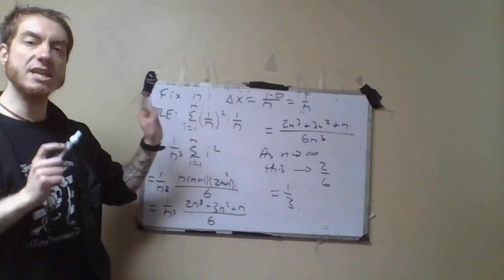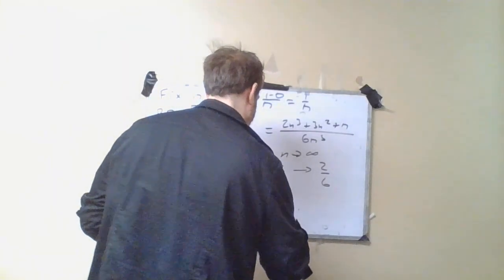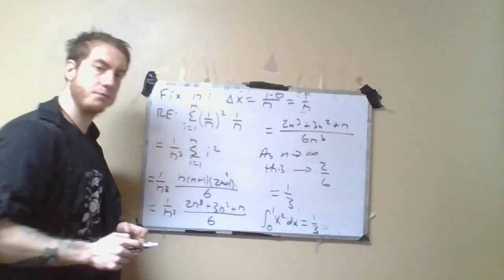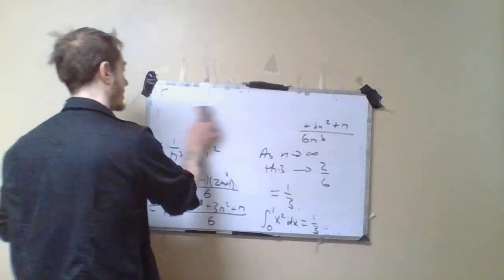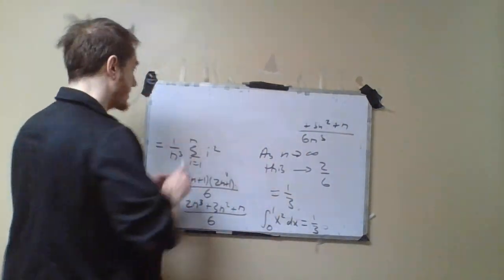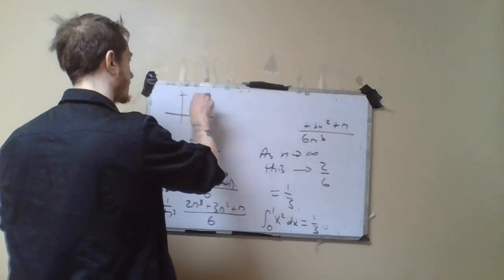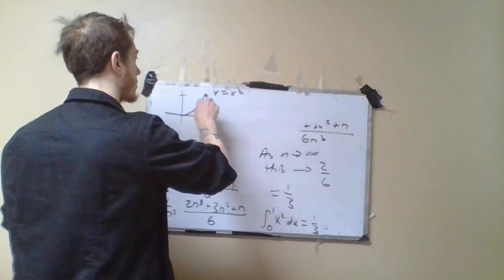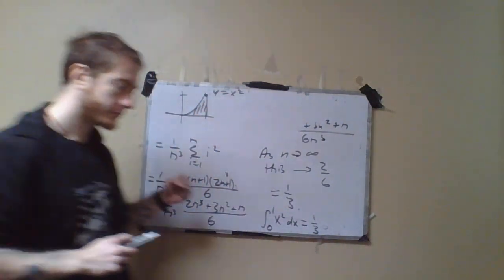Therefore, what we can say is that the integral from 0 to 1 of x squared dx is going to be equal to 1/3. And another way of interpreting this, which is kind of an interesting point, is that the area of this region, here's my y equals x squared curve, the area of this shaded region is 1/3.